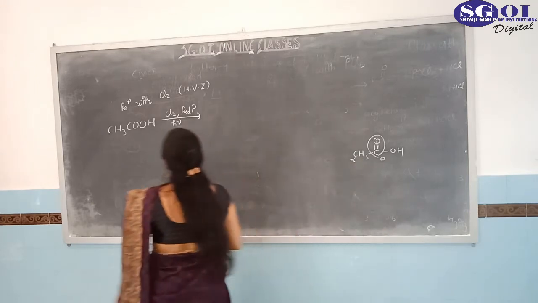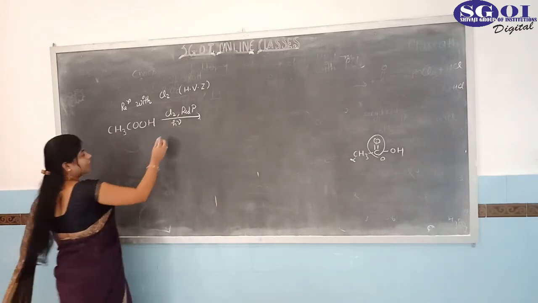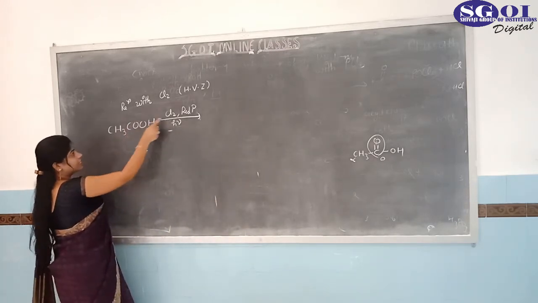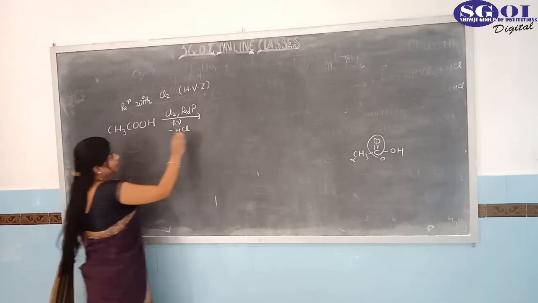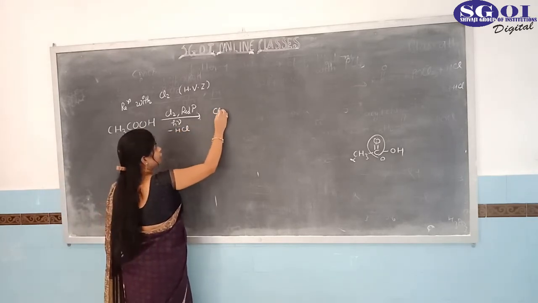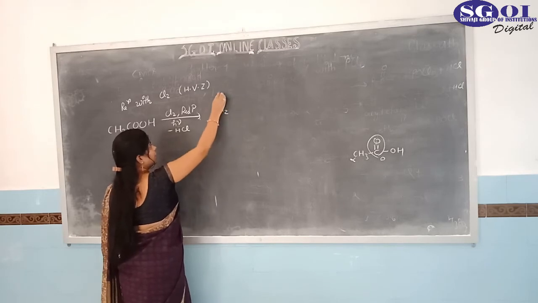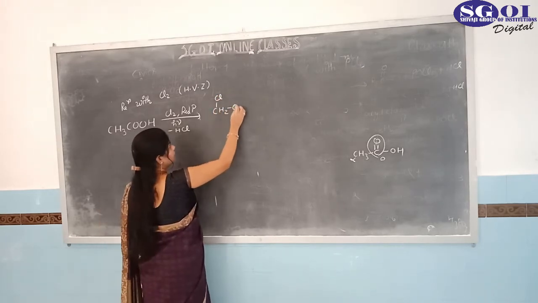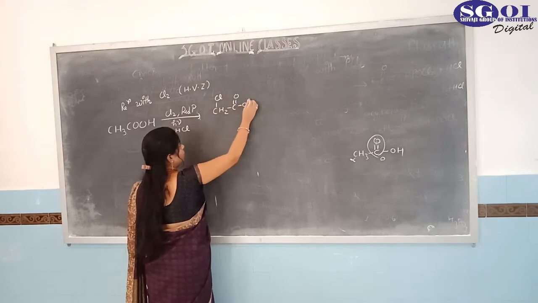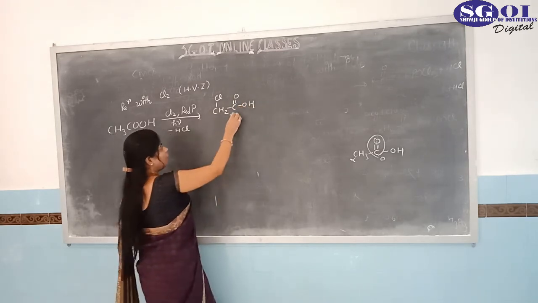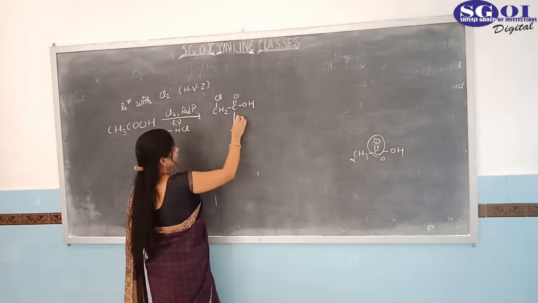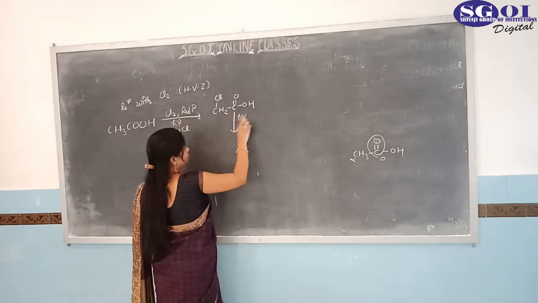So first of all, one alpha hydrogen is substituted by Cl to give HCl, and what we get here is CH2, one Cl यहाँ पे placed हो जाएगा, and COOH, alpha chloroacetic acid. Now number next is sunlight.